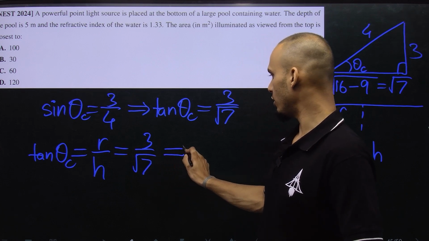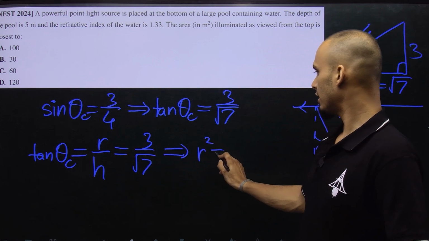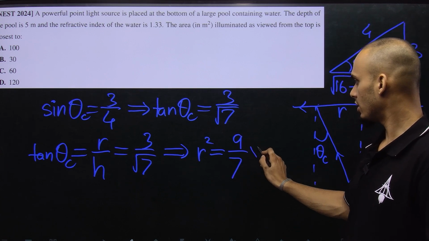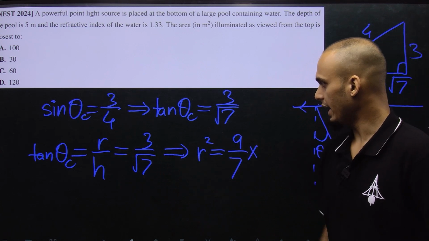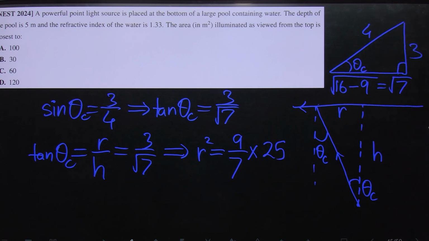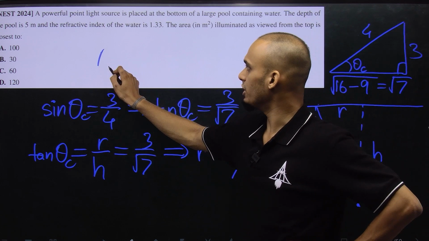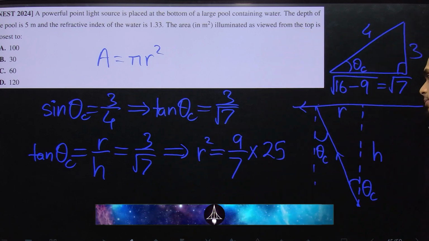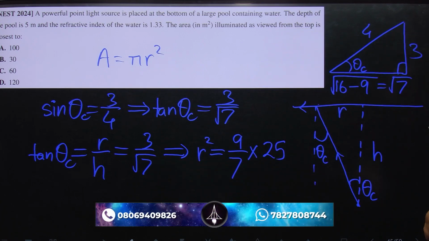We get the value of r square as 9 by 7 into h square, that is 25. From here we get area of illumination is equal to pi r square, multiplying by 3.14. Again, you will need a calculator for it.